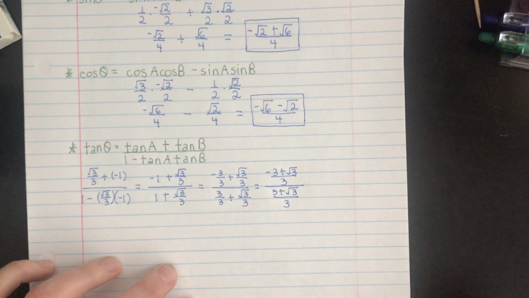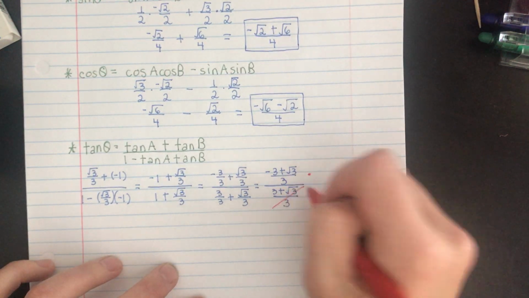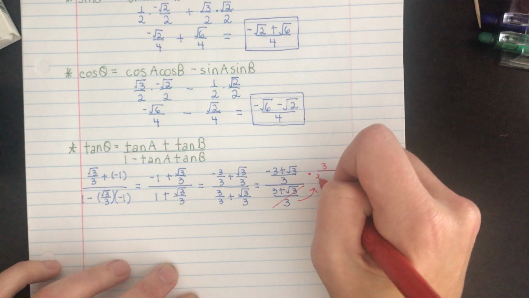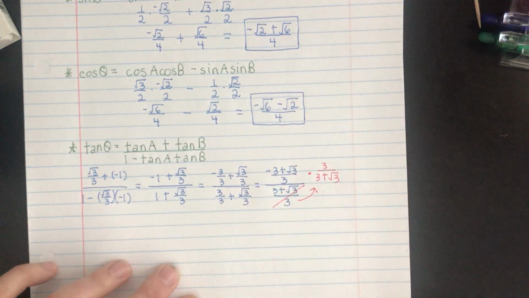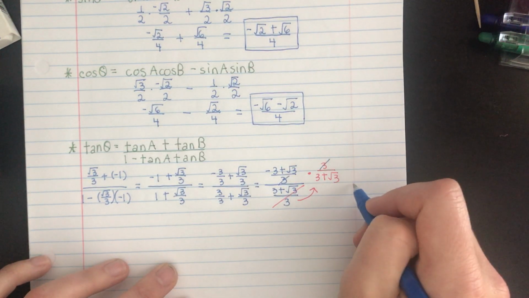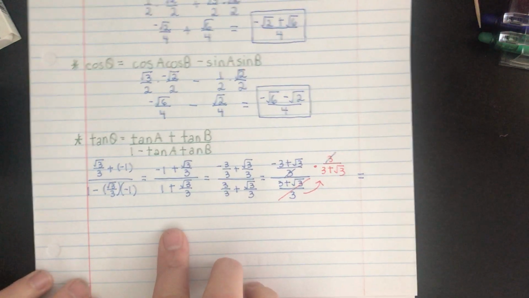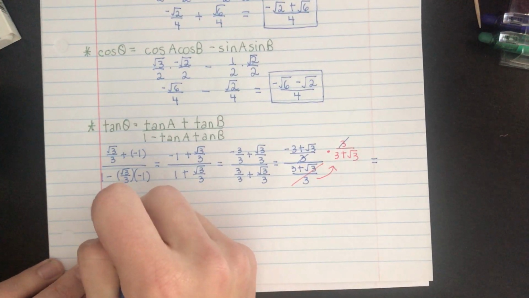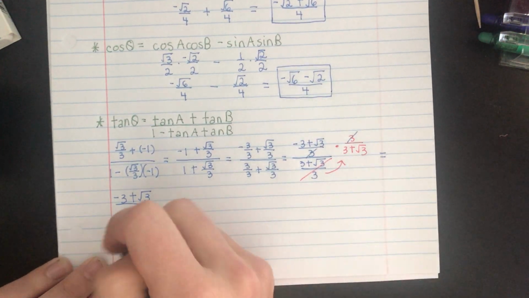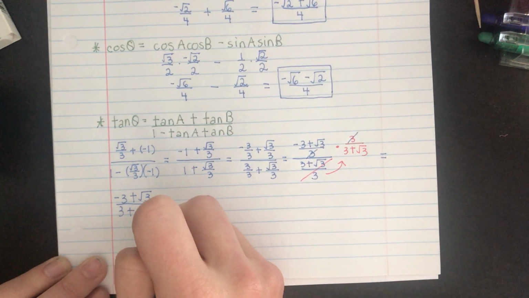And then of course, keep it, change it, flip it. So multiply by the reciprocal. So 3 over 3 plus square root of 3, just like before. The 3's simplify, so I'm going to come down, equals, and drag down. So the negative 3 plus square root of 3 is left on top, over the 3 plus square root of 3 is left on bottom.